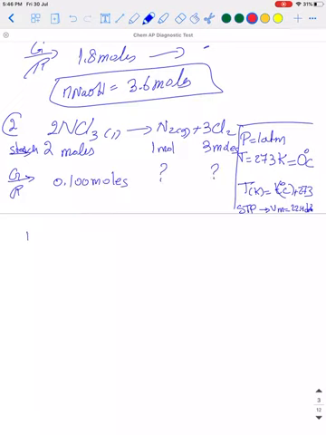How many moles? I will cross multiply for each one aside in order to find the answer. For nitrogen, it's 0.1 moles times 1 over 2, which is equal to 0.05 moles.